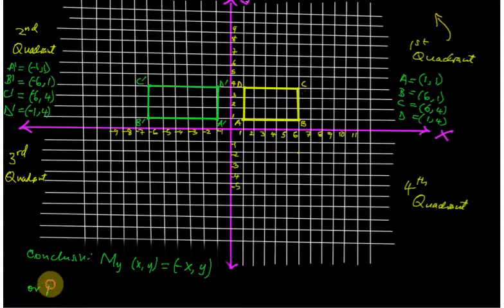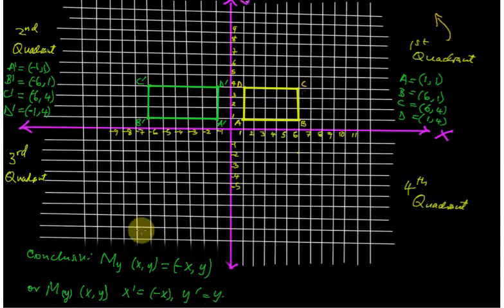Or we can say that reflection through y-axis of point x comma y will give you x dash equal to negative x and y dash equal to y.